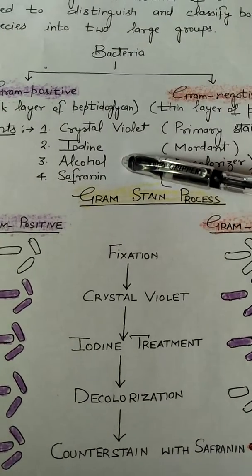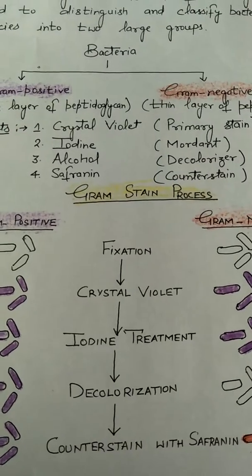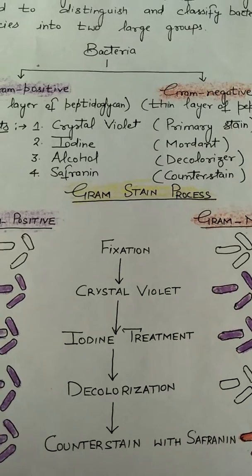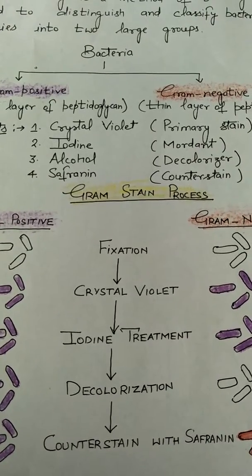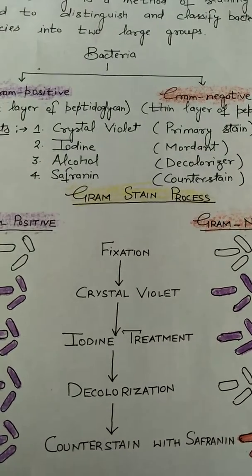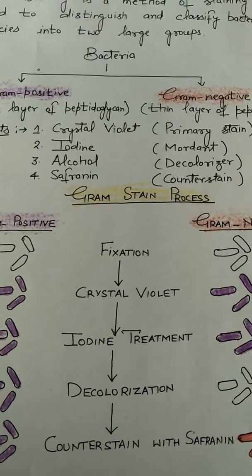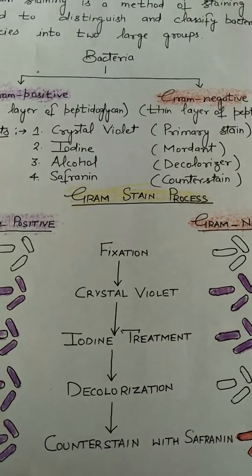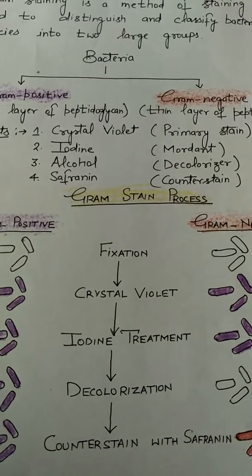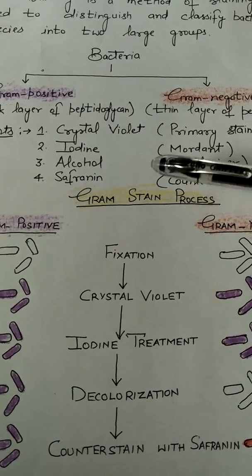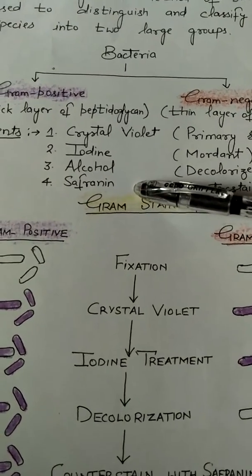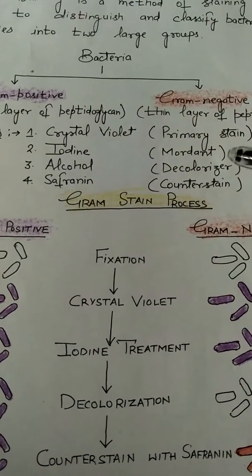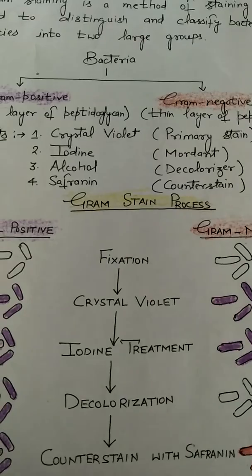Third is alcohol. Alcohol acts as a decolorizer, right? And it is made up of acetone and alcohol. This decolorizer, this is either made of alcohol or acetone. Then fourth reagent is safranin, this one, and this acts as a counter stain.